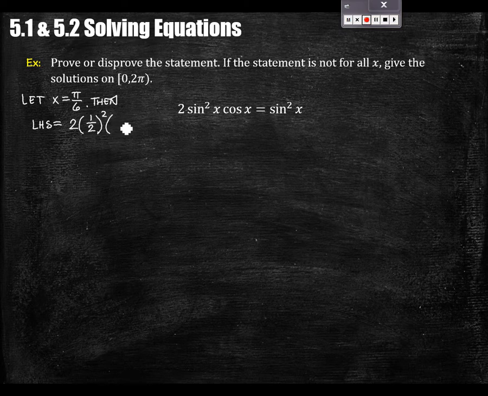And then cosine of pi over 6 is root 3 over 2. And then in the end we get what? Root 3 over 8. All right, and on the right-hand side, we have 1/2 squared, which is 1/4.